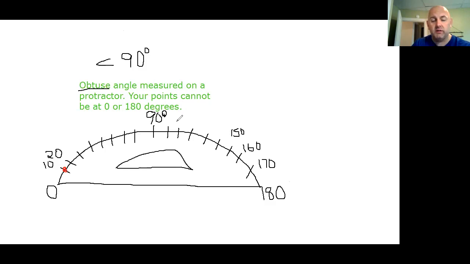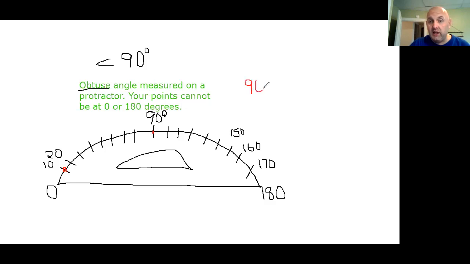And if you're thinking to yourself, Mr. Adams, how do I know what the angle is? The angle becomes a subtraction problem. If I choose 10 and then I choose 90, then my angle goes from 90 to 10. I would make it a subtraction problem.